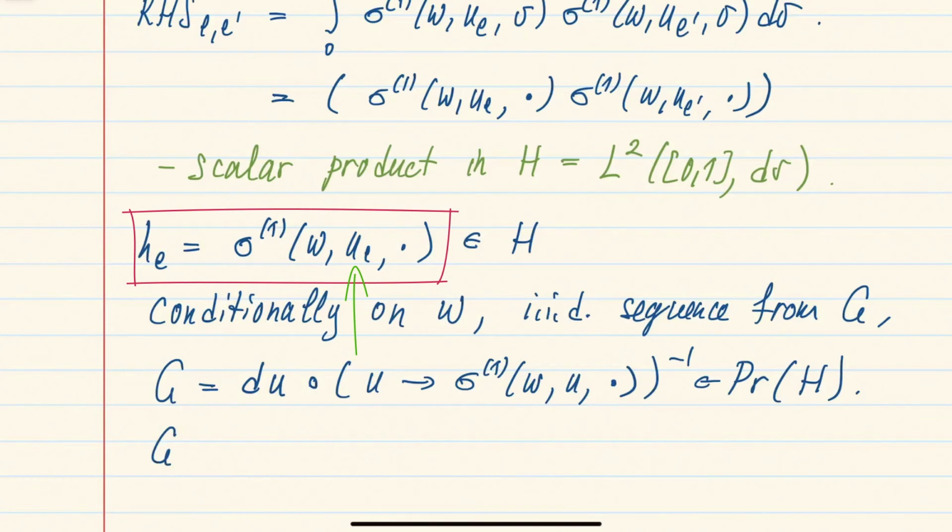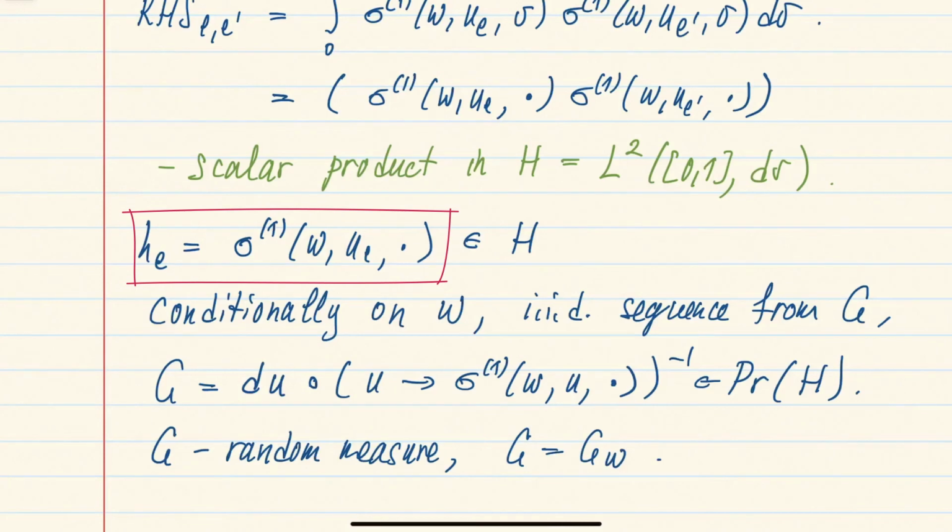But of course this G is a random measure because it actually depends on this random variable W. So once you fix W, the sequence of functions in L2 above can be viewed as an IID sequence, and we can interpret it as an IID sequence from this random measure G that depends on W. And so indeed, our off-diagonal elements now look like H_L, H_L', for some IID sequence from a random measure on a Hilbert space.